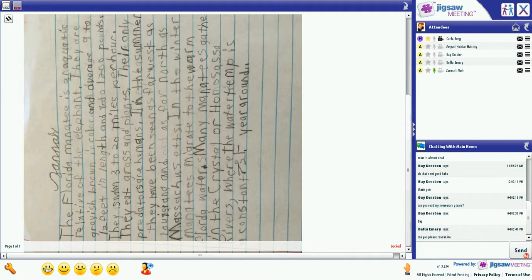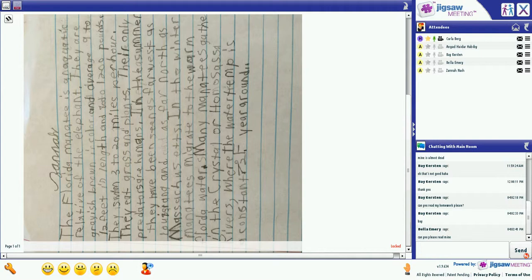Many manatees gather in the Crystal or Homosassa rivers where the water temperature is a constant 72 degrees Fahrenheit year round. Awesome. Great job. Thank you very much, Xana. Okay, so you guys, as I said, did a fantastic job on that.